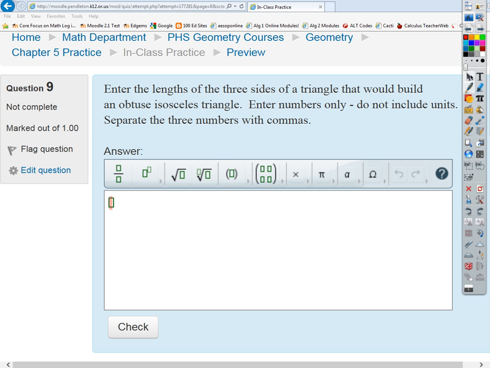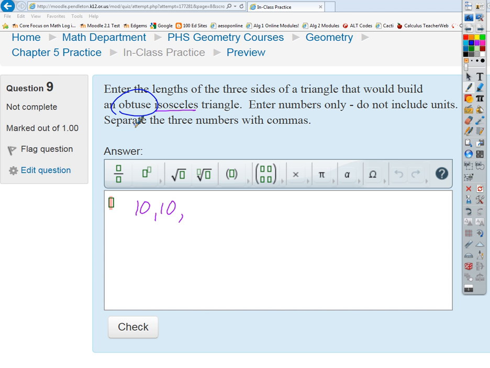The isosceles part gives us 10 and 10. Now what about the obtuse part? The obtuse part means the other side needs to make sure that the biggest angle in the triangle is bigger than 90, right? Does anybody have a strategy for how we could do this?